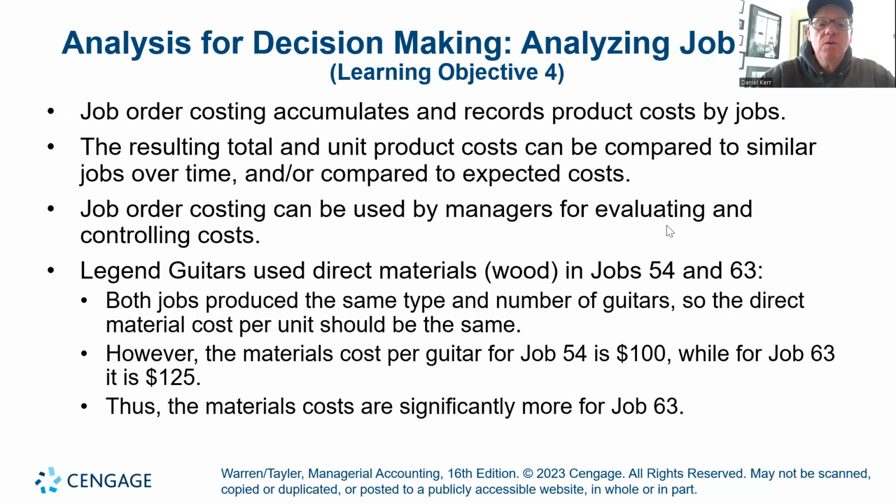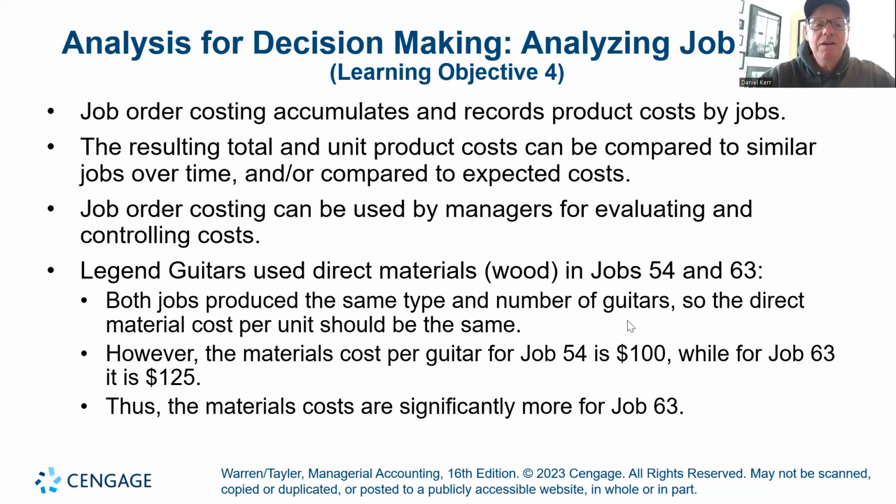And then we're going to take a look at those costs and review them and compare the jobs and ask ourselves, did we do a better job managing costs on one job than on the other? So let's take a look at our old buddy here, Legend Guitars. They use direct materials in both job 54 and 63. Both jobs produce the same number of guitars, so you would think that direct material cost per unit should be the same.